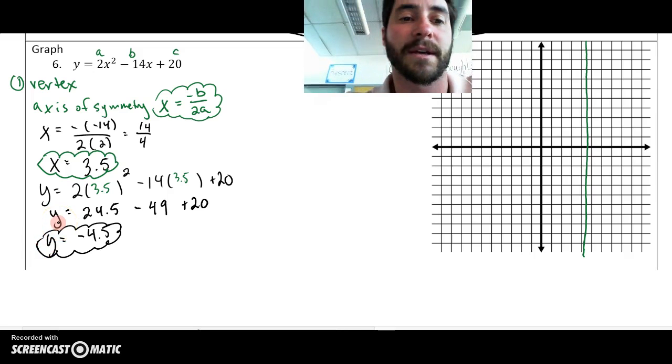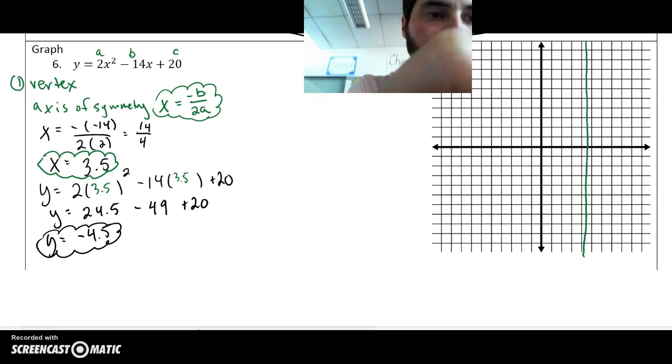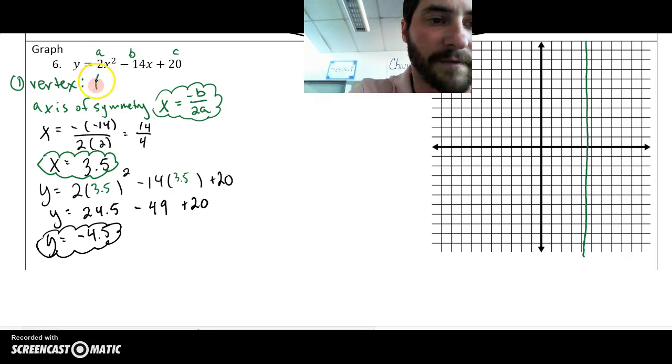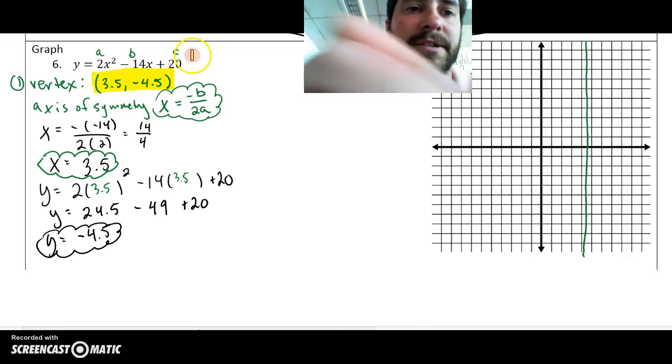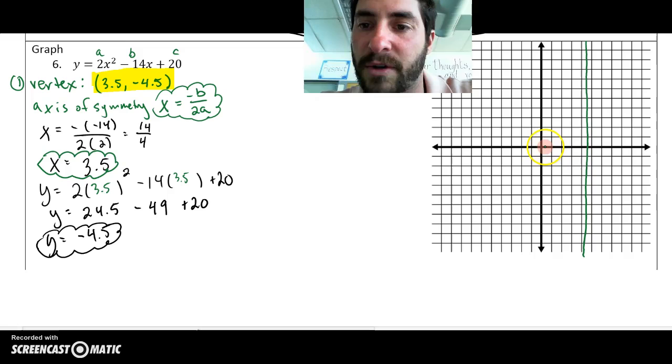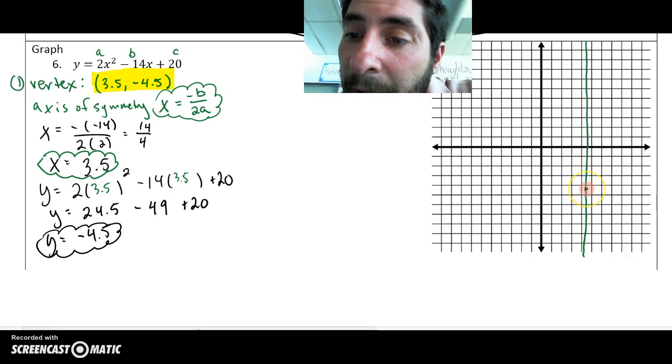So the vertex is at 3.5, negative 4.5. That's our first key point. So let's plot that. It's at 3.5 on that line and down 4 and a half.